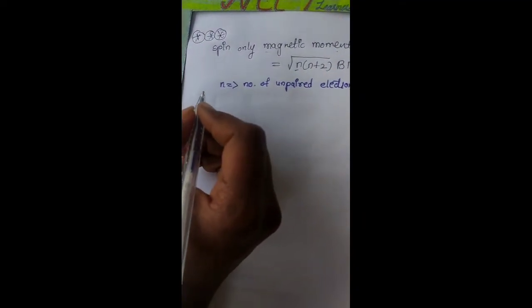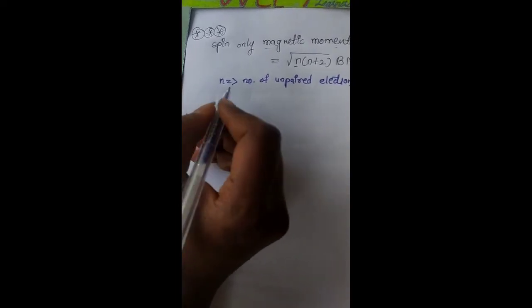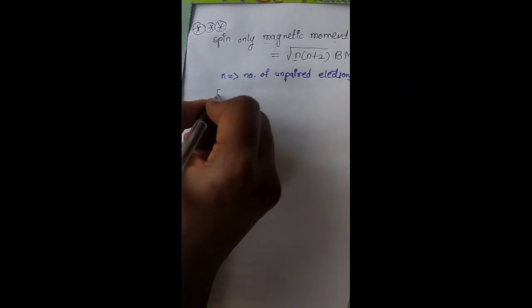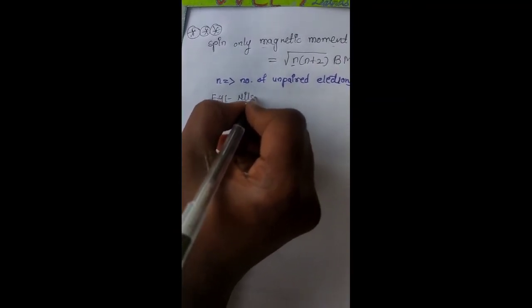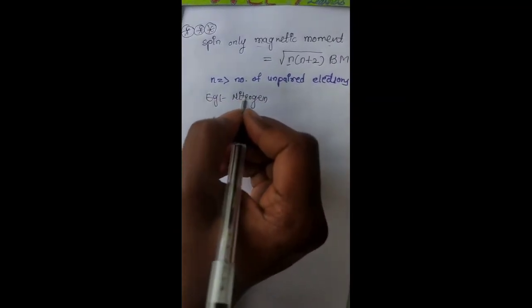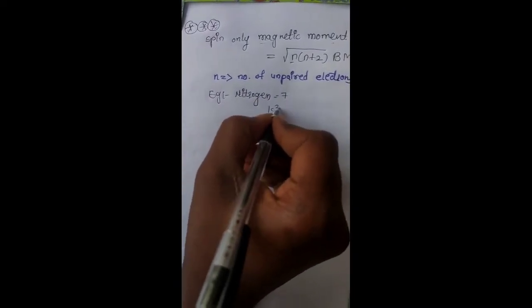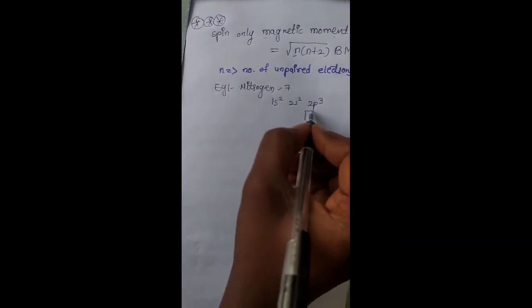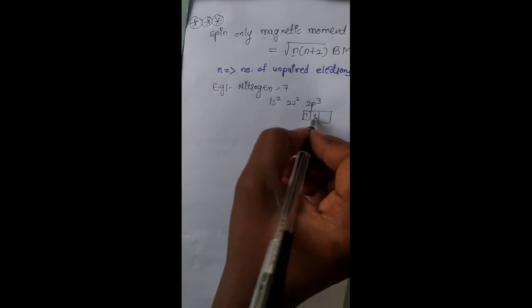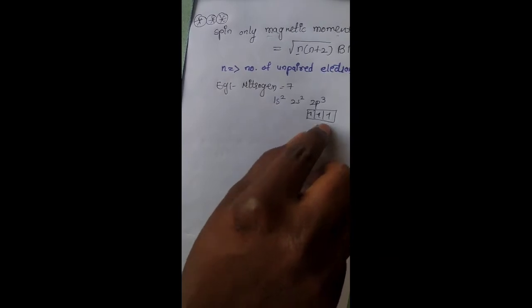For example, let's take: what is the spin only magnetic moment for nitrogen atom? In the nitrogen atom, students, what is the electronic configuration? 1s2, 2s2 and 2p3. So in the p orbital, they have unpaired electrons. So we have 3 unpaired electrons.